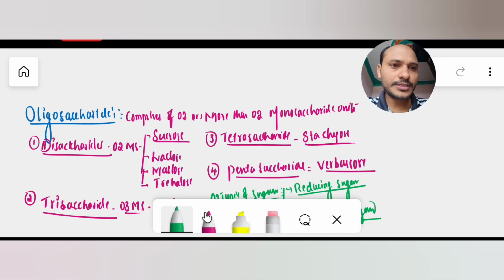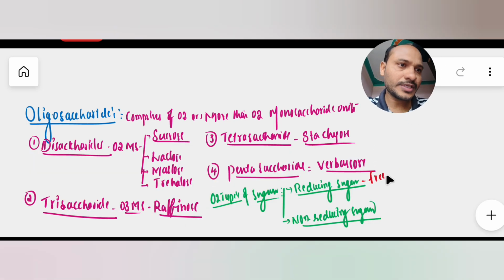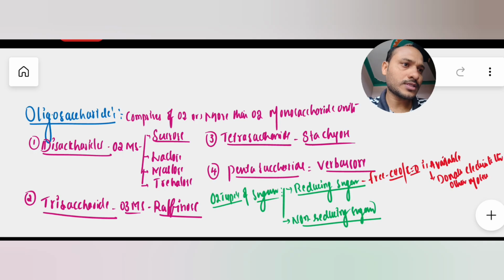Reducing sugar means the sugar which has a free aldehyde or ketone group, so it can easily donate electrons to other molecules. Such a sugar is called a reducing sugar.